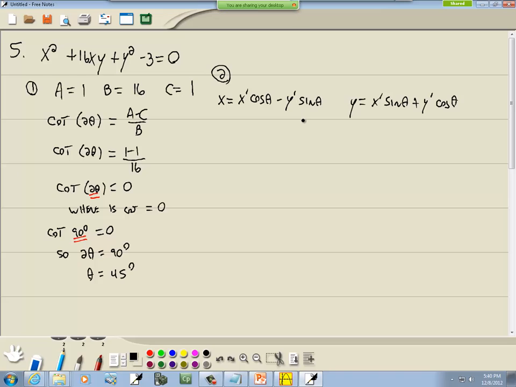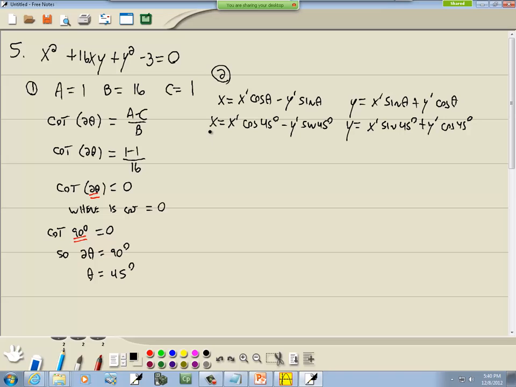Okay. Now let's plug in our 45 degrees. So we got x is equal to x prime cosine of 45 degrees minus y prime sine of 45 degrees. And y is equal to x prime sine of 45 degrees plus y prime cosine of 45 degrees.